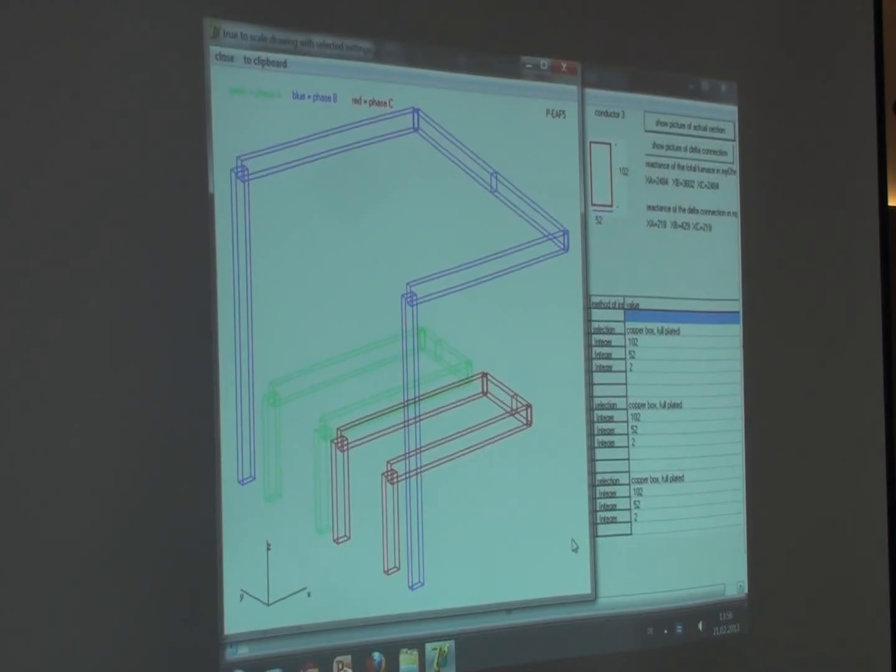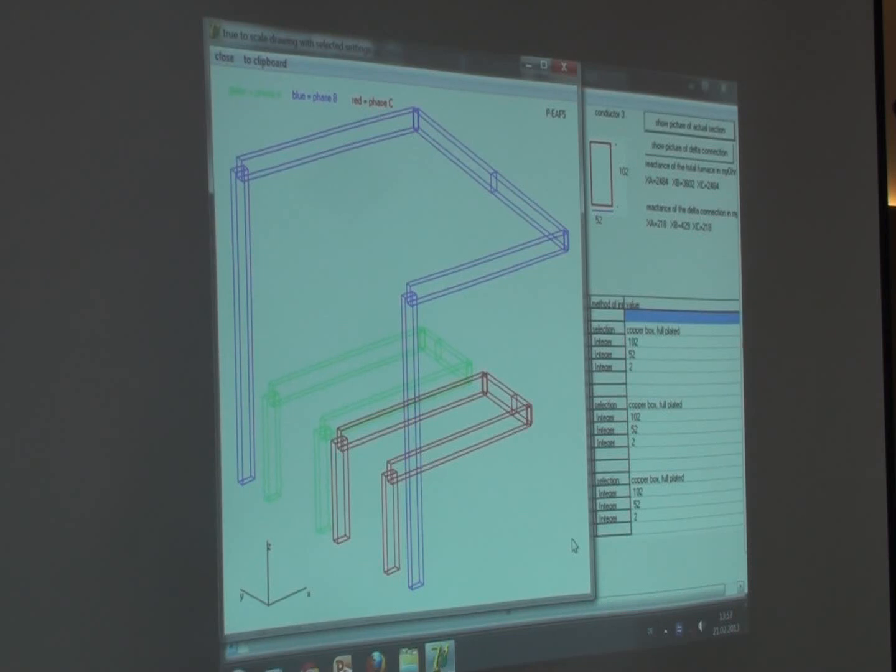From XA, XB and XC we calculate XAB, XBC, XCA.